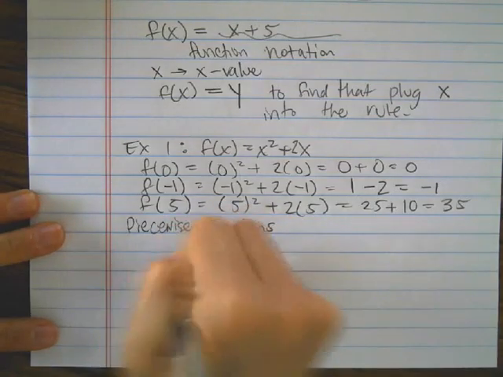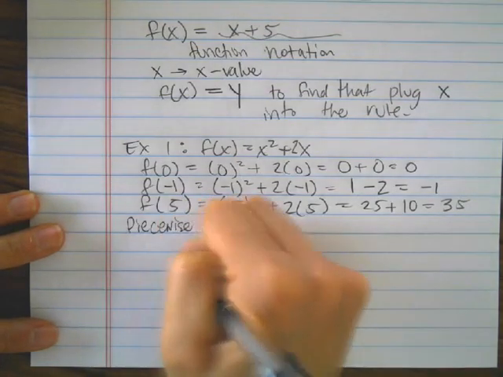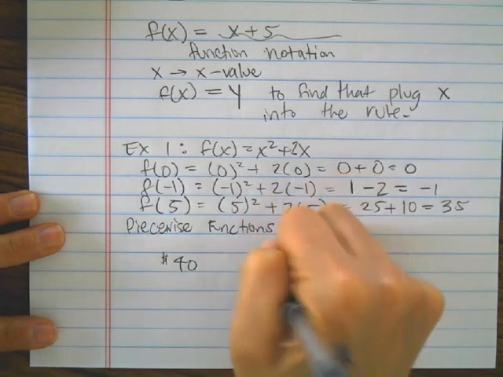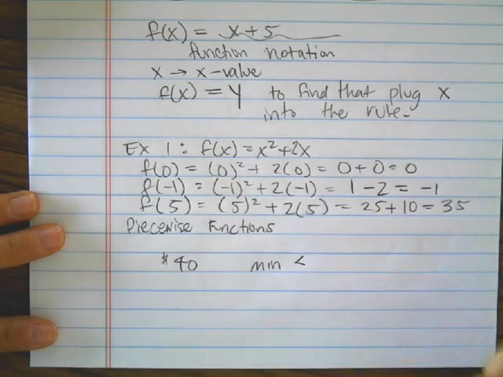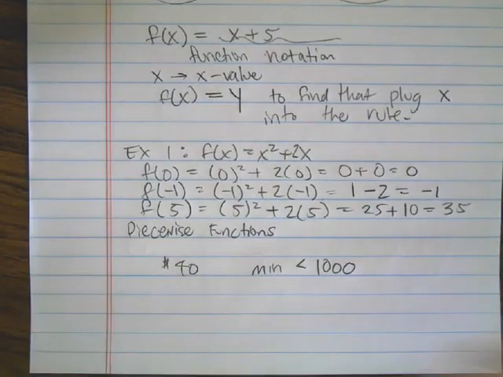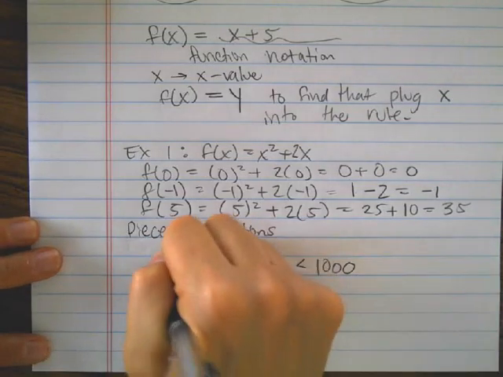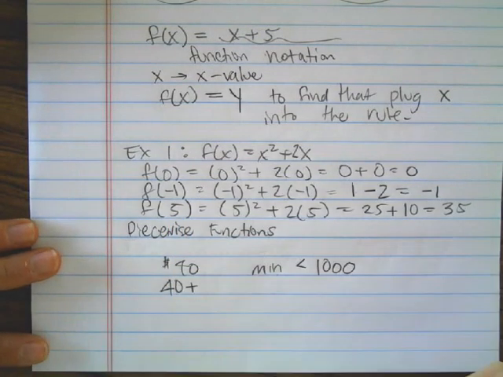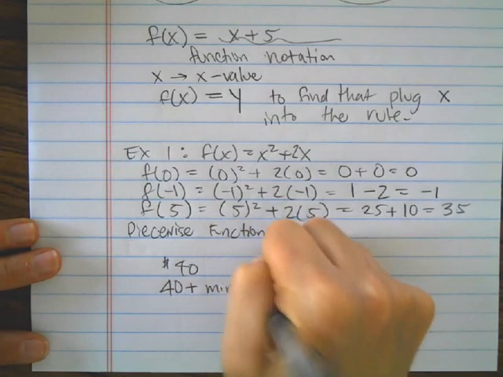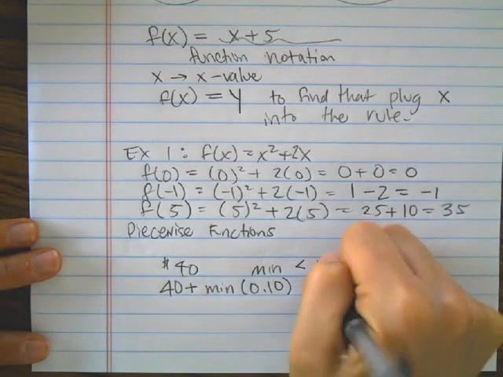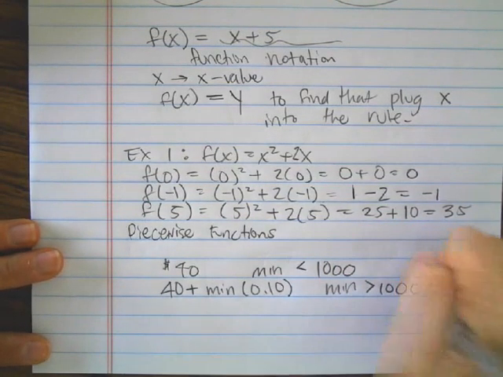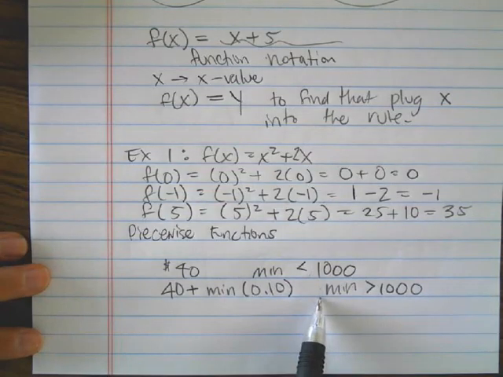Your cell phone plan is like $40 when your minutes are less than 1,000, and then every extra minute, so it'd be $40 plus every extra minute is like, I don't know, 10 cents. That's when your minutes are greater than 1,000. So when you have more than one rule, it's called a piecewise function.